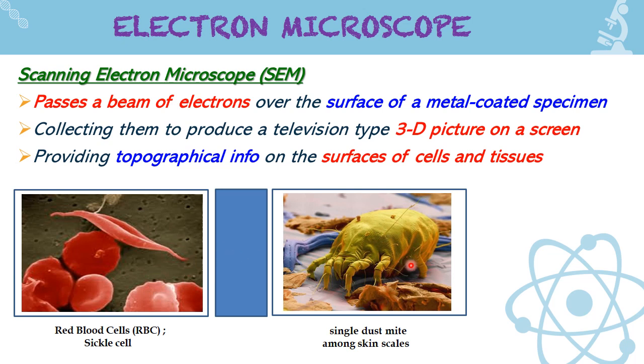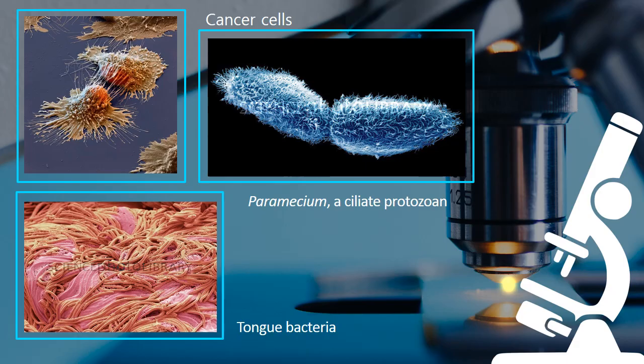Here are other examples of images captured by SEM, where you can see the dust mite among the skin scales. You can see the 3D structure and detail of a dust mite. Here are more examples of images taken by SEM.